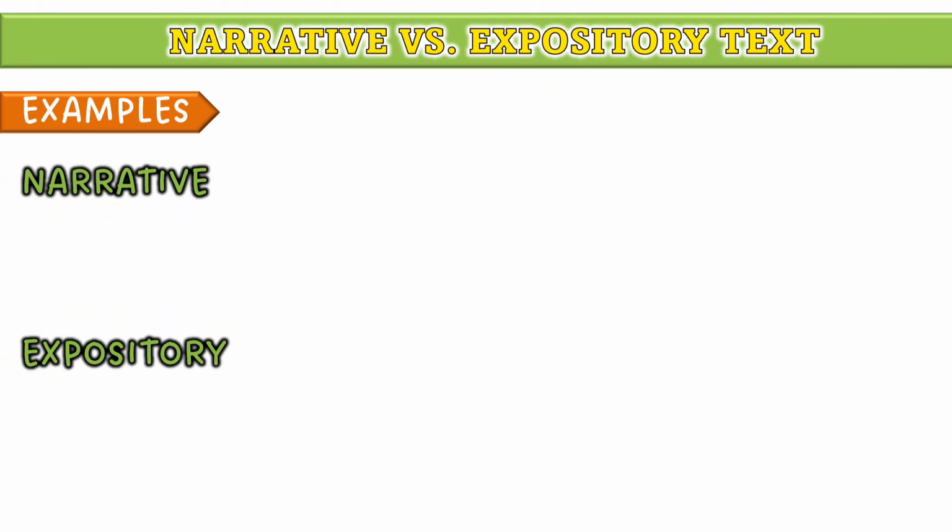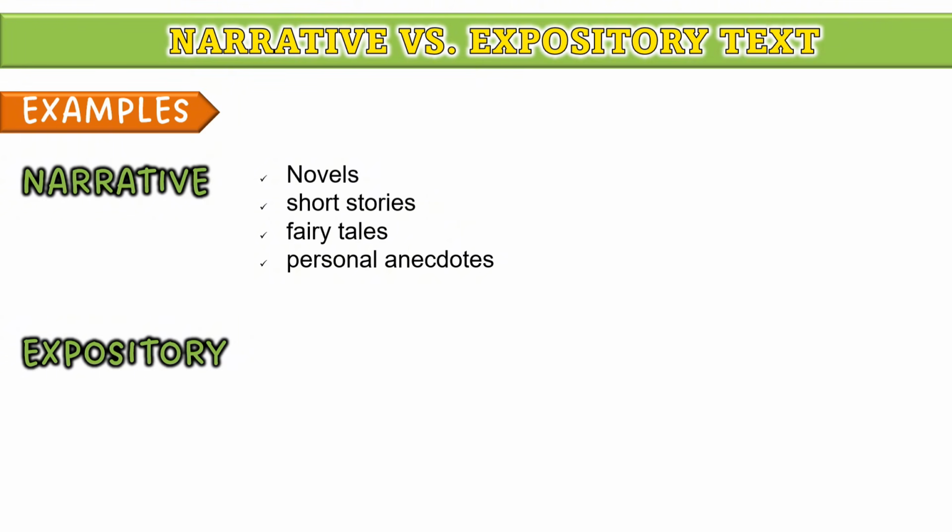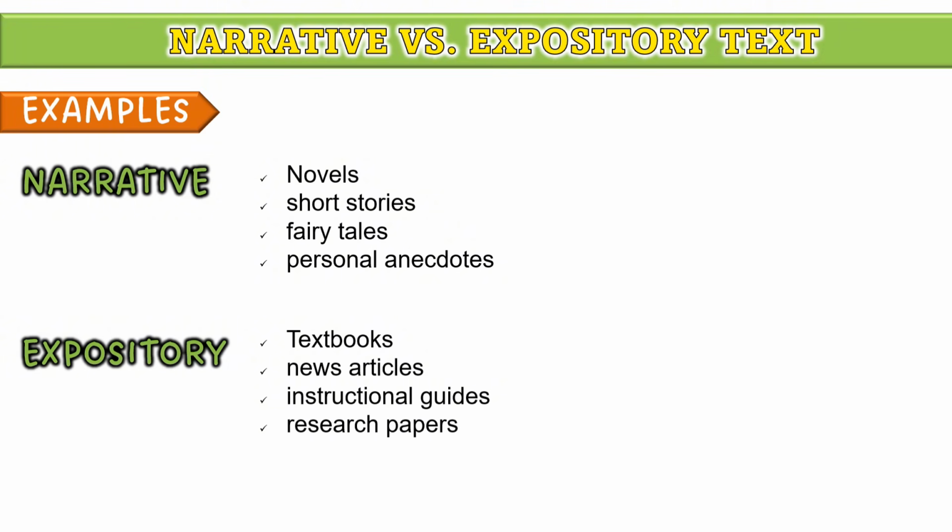Meanwhile, here are examples of narrative text: novels, short stories, fairy tales, personal anecdotes. While for expository text, we have textbooks, news articles, instructional guides, research papers. There are four most commonly used expository methods of paragraph development.